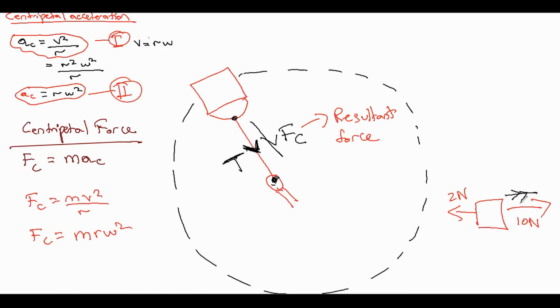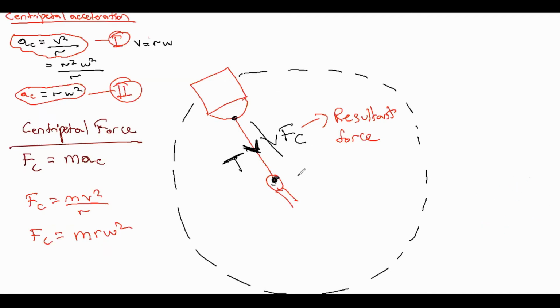So this is going to be my resultant force. All of you know that resultant force is not an actual force. This force is just a resultant of these two forces, meaning in reality, it's nothing by itself. It's just a resultant. But in circular motion, it's a bit different.